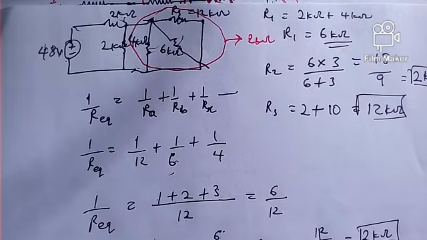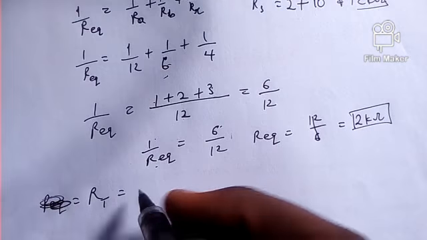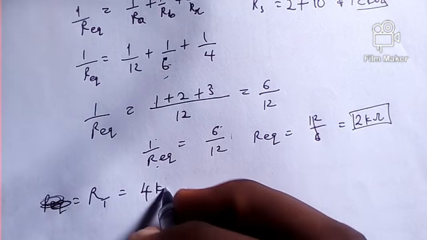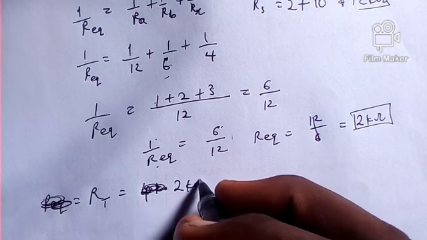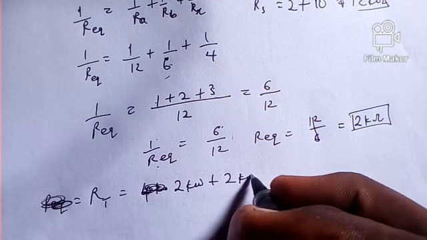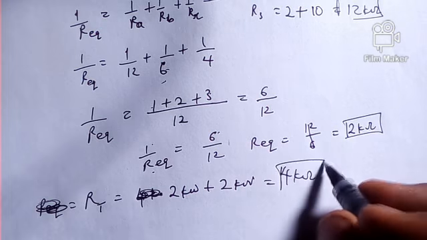So the total equivalent resistance is going to be 2 plus 2, and that is 4 kilo ohms. So we can just call it 2 kilo ohm plus 2 kilo ohm, that is 4 kilo ohm.